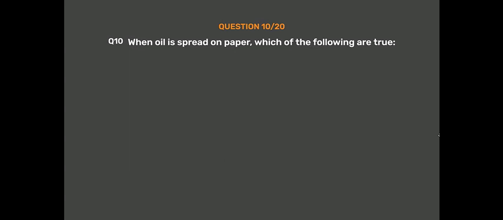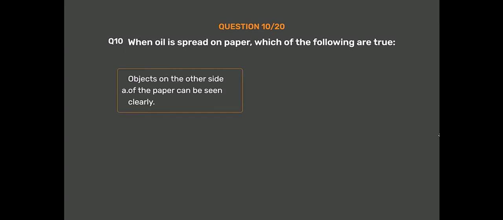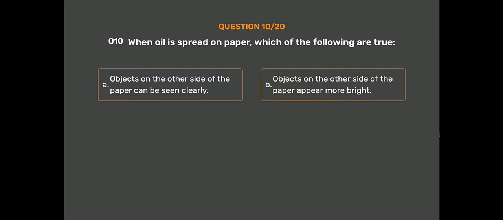Question number 10. When oil is spread on paper, which of the following are true? Option A. Objects on the other side of the paper can be seen clearly. Option B. Objects on the other side of the paper appear more bright. Option C. Objects on the other side of the paper can't be seen.